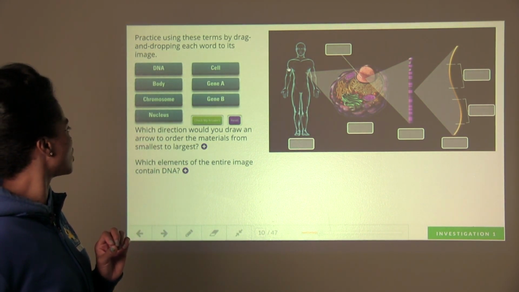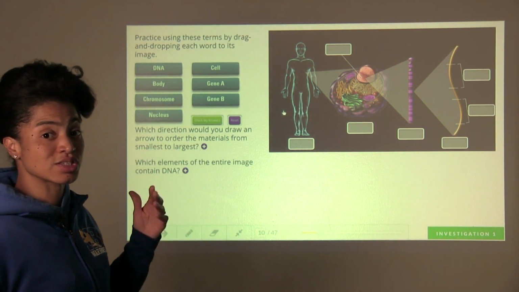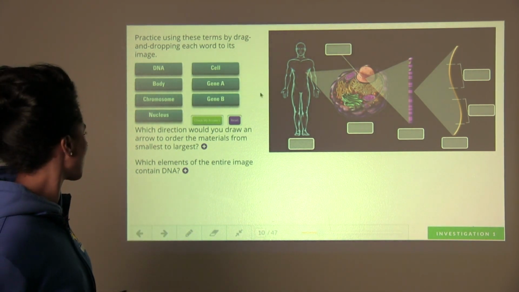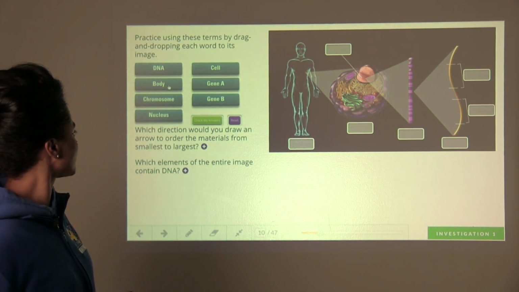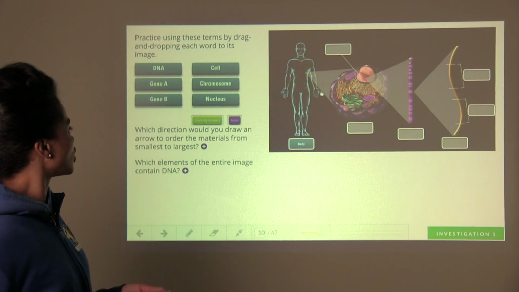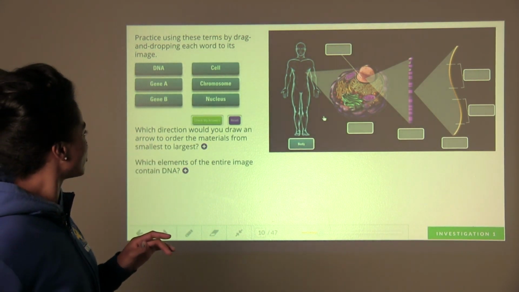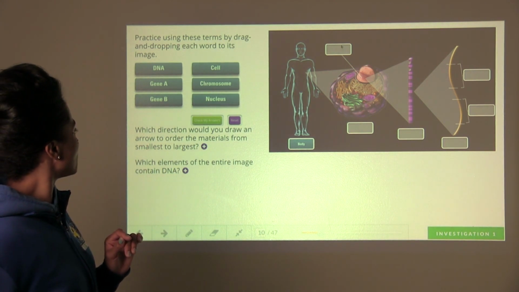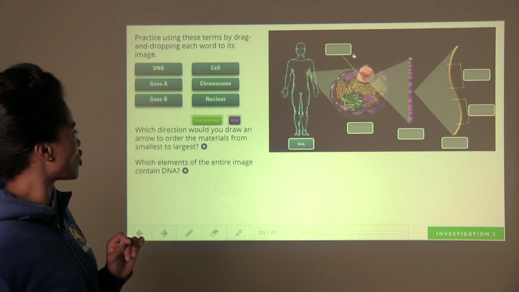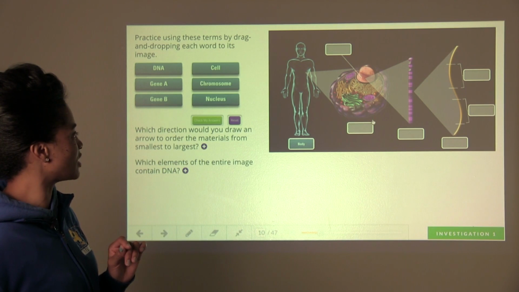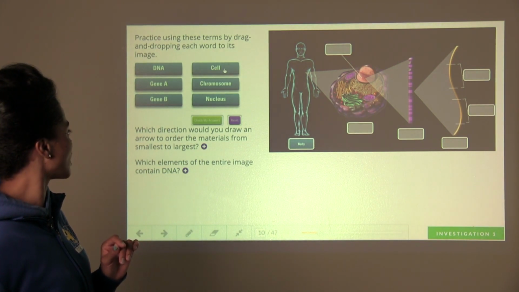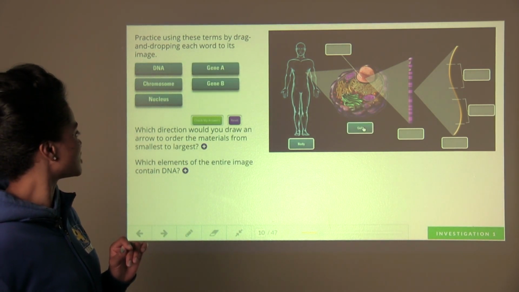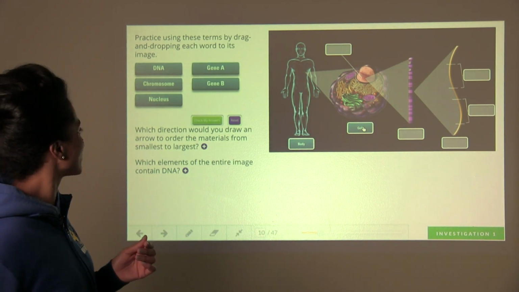So obviously we know that this is an organism. This is a human body, right? And so then on the next level, inside of the human body we would have, what is this called? This entire image right here, it's called a cell, okay?